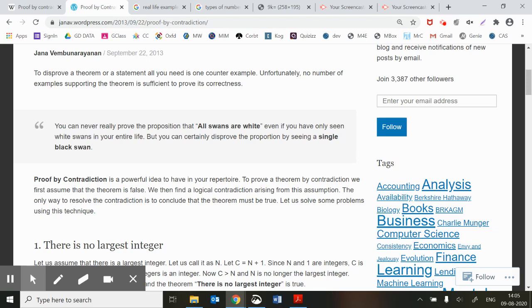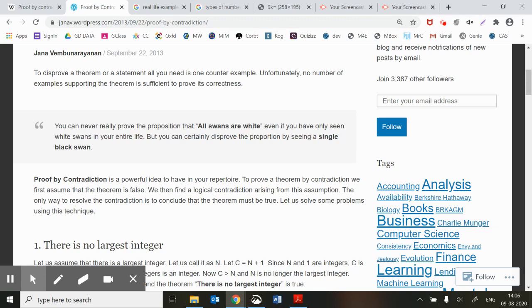But you can certainly disprove the statement or the proposition, which, by the way, they've called proportion here. They shouldn't have said that. They mean proposition. You can certainly disprove the proposition by seeing a single black swan. So we just need one counterexample to disprove the original statement that all swans are white. We just need to see a black swan, and then we've disproved this original statement.